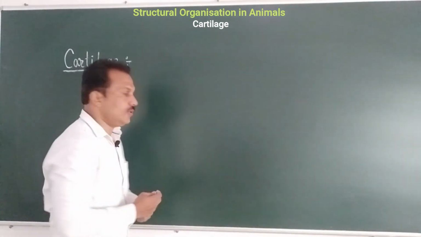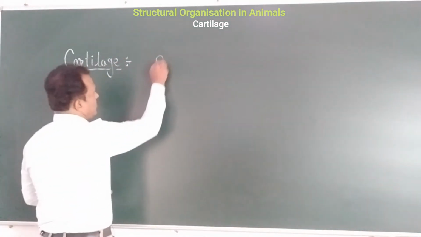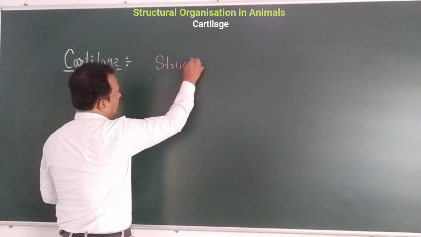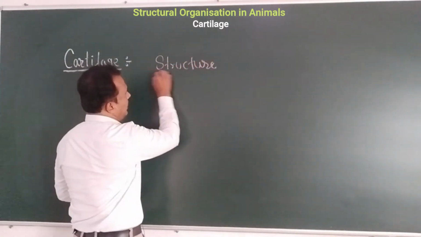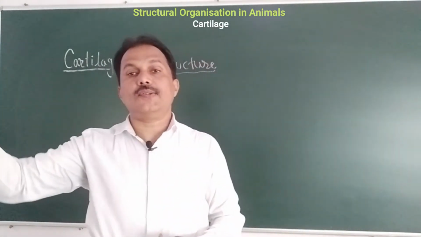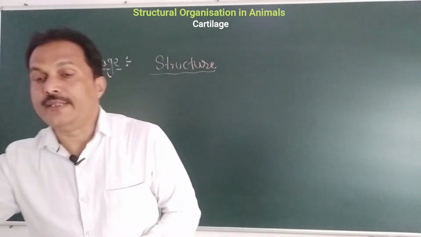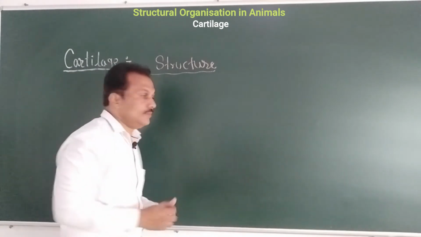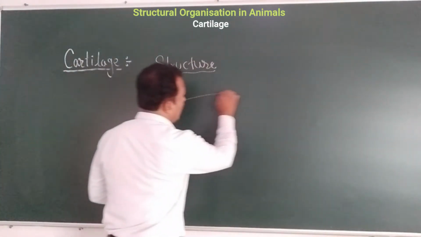Regarding the structure of cartilage, how it appears: from the outermost part, it is lined with perichondrium.